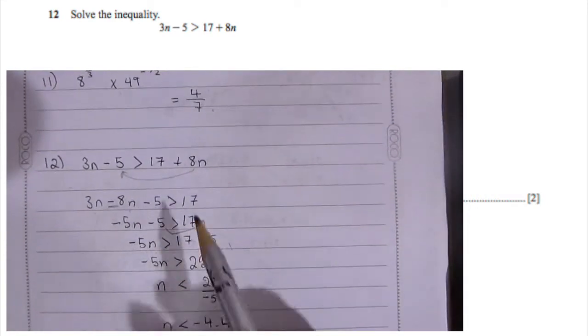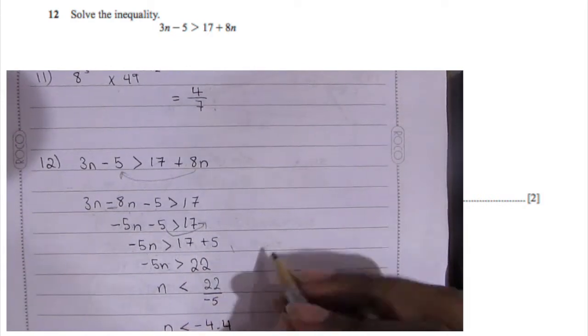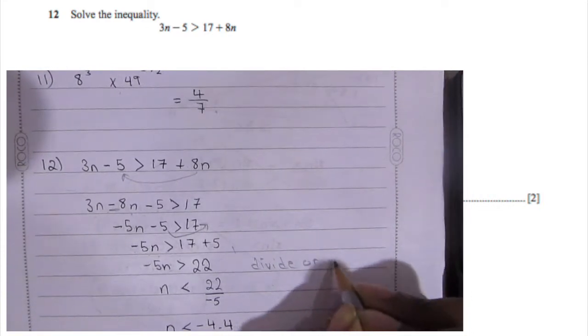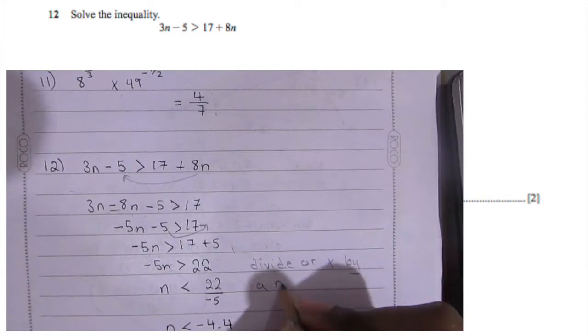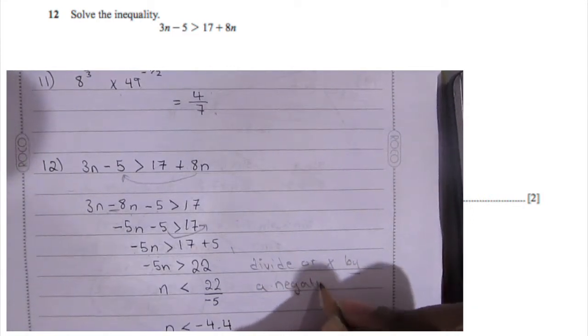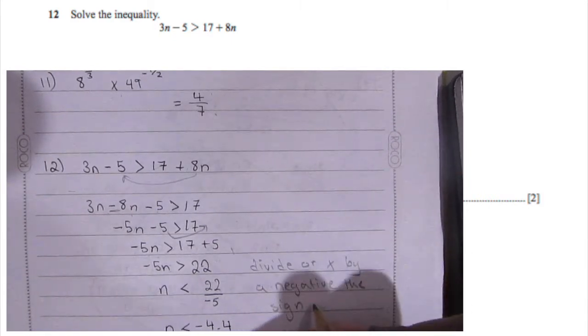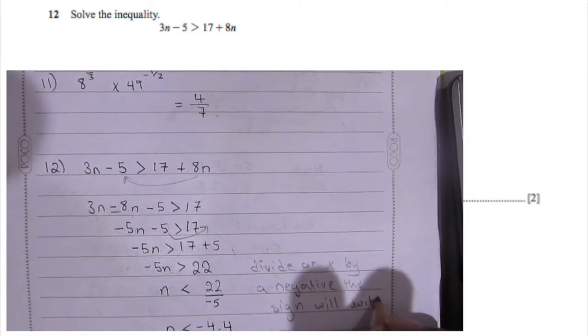Negative 5n is greater than 17 plus 5, which is 22. So negative 5n is greater than 22. Divide both sides by negative 5. That will give you n is less than 22 over negative 5, which is negative 4.4. Now, when you divide or multiply by a negative, the sign will switch. It will change. That is why you put n is less than negative 4.4.